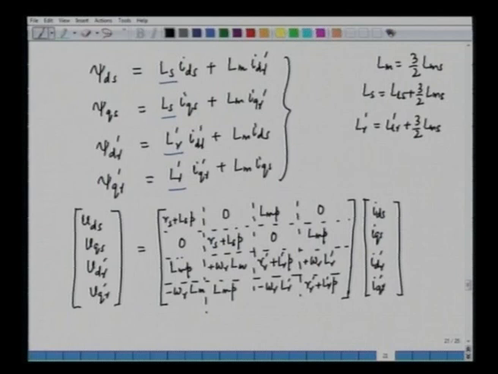So, from this we can also evaluate the torque equation. How do we find out the torque equation for the primitive machine? We found out the torque equation by having this P by 2 I transpose Z I. So, this is my Z matrix or Z primitive. From this we can evaluate what is G matrix.